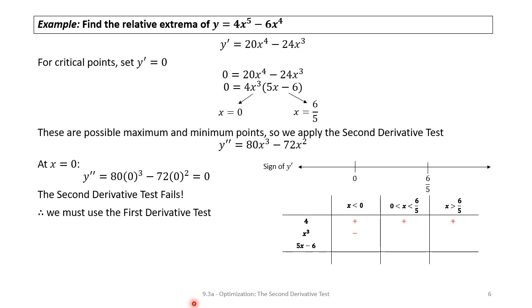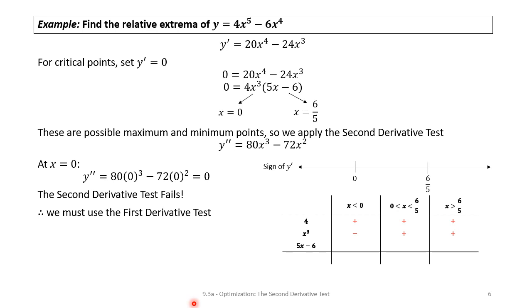For 0 less than x less than 6 over 5, we can consider a number like 1. If we put positive 1 into x cubed, we'll get a positive number. And lastly, if we get x greater than 6 over 5, we can consider a number like 2. Positive 2 cubed will give us positive 8, so we'll get a positive number. Now for 5x minus 6.